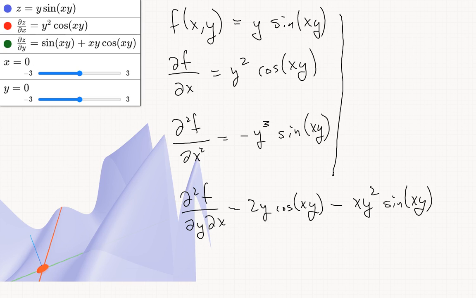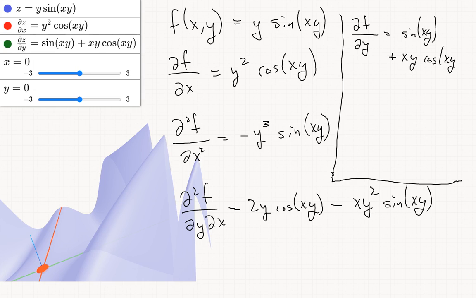Then let's sort of try to block this off here. We found ∂f/∂y was sin(xy) plus xy cos(xy).